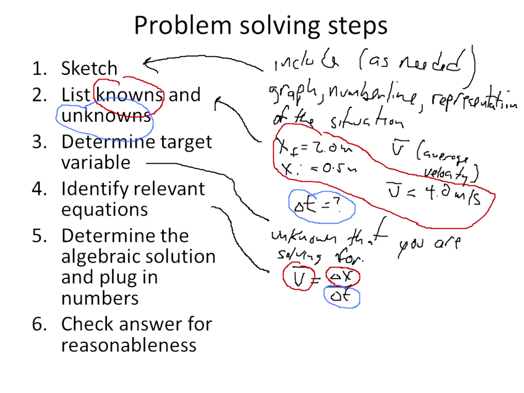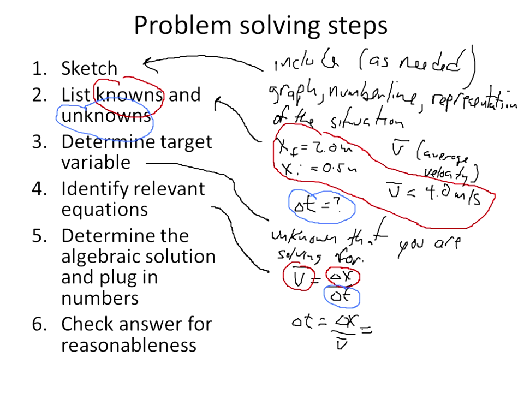And then determine the algebraic solution and plug in numbers. So this has average velocity by itself, and we already know the average velocity. So if we want to solve for delta t, if we want delta t by itself, we can just cross multiply. So delta t equals delta x over average velocity, and then plug in the numbers.